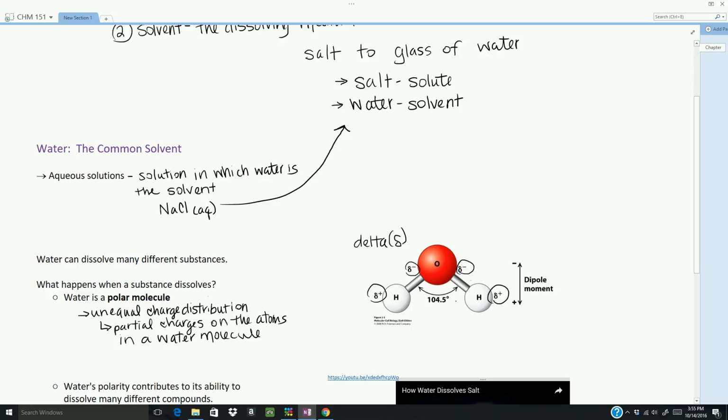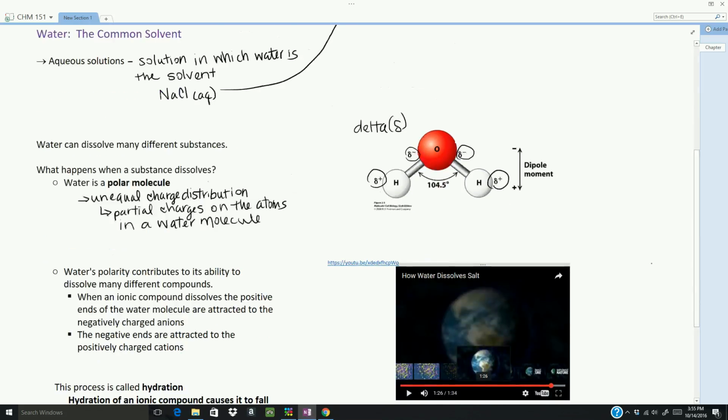So these charges are unequal, which makes water a polar molecule. Water's polarity contributes to its ability to dissolve so many different compounds.